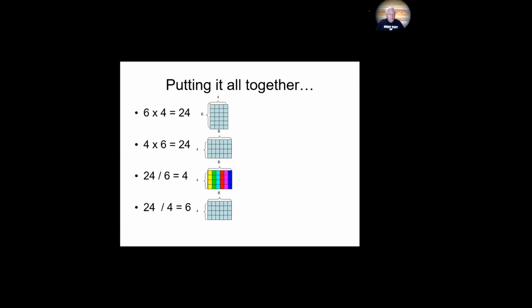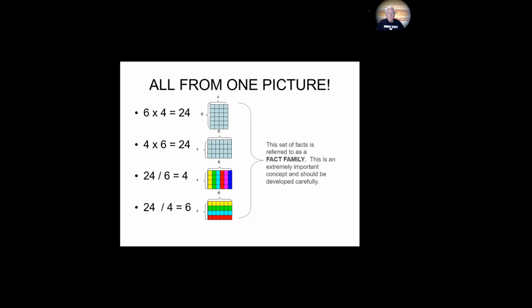We also see that if we take 24 and create 6 equal groups, we have 4 in each group. If we take 24 and create 4 equal groups, we have 6 in each group. And look what we've got. We've got all of this showing up from a single picture. And so this is what's referred to as a fact family.